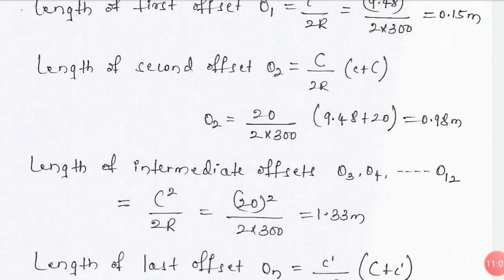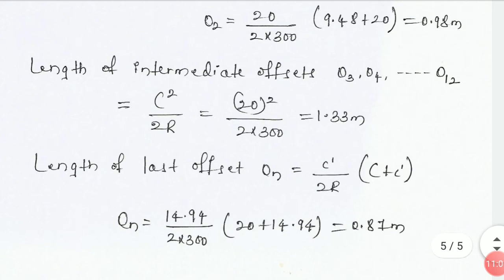Okay, now the last offset will be small c dash square by 2R into capital C plus small c dash. The last offset for the last chord, c dash is the length of the last chord 14.94 meters, divided by 2 into 300 into the bracket capital C is regular interval 20 plus small c dash the length of the last chord, that will give you 0.87 meters.